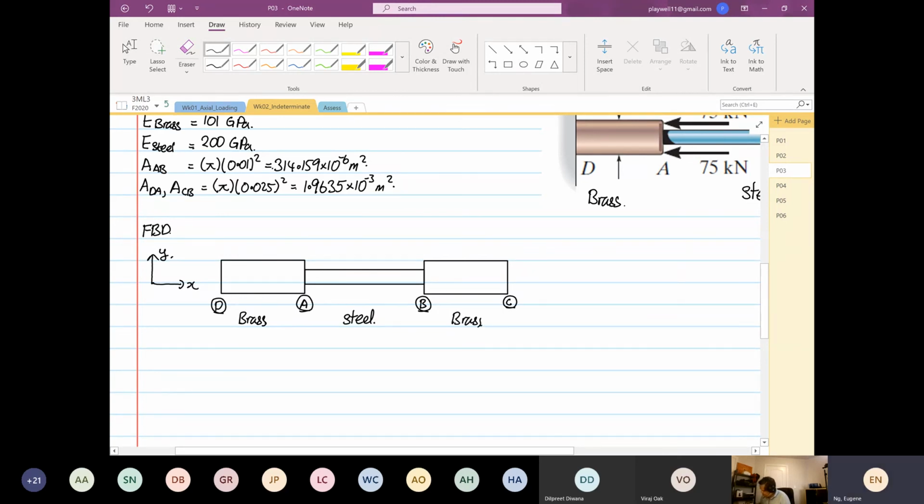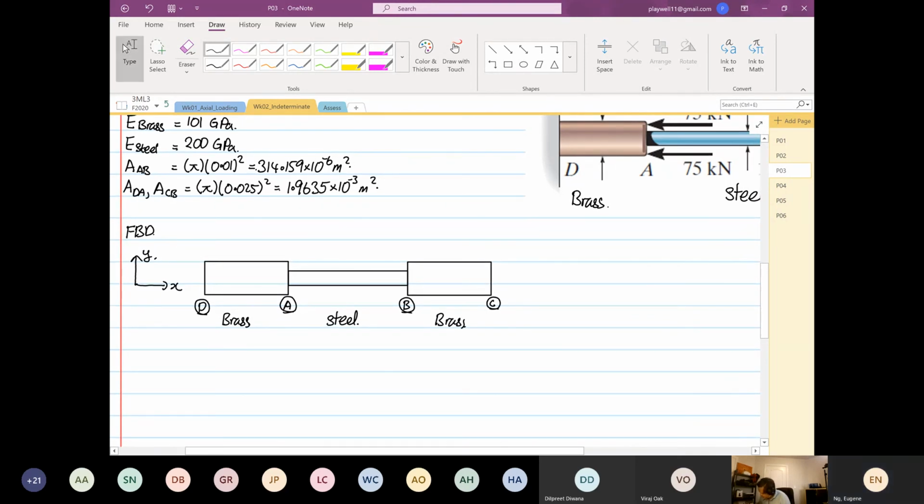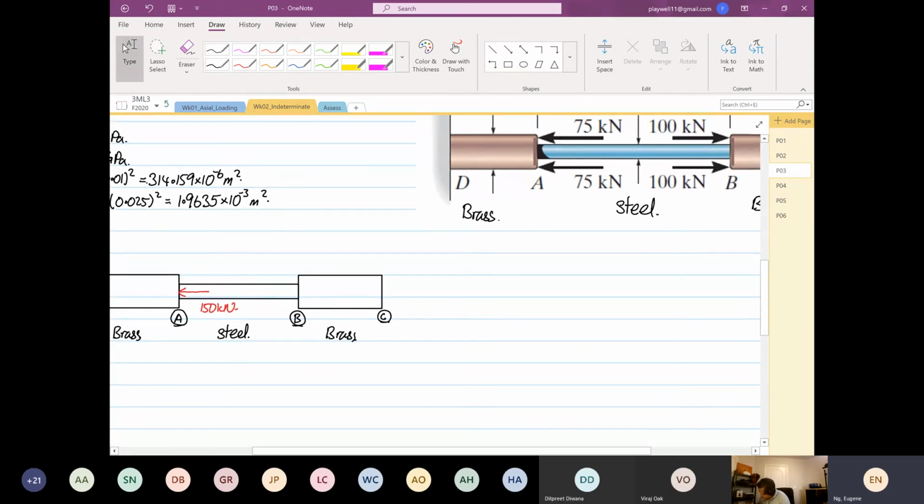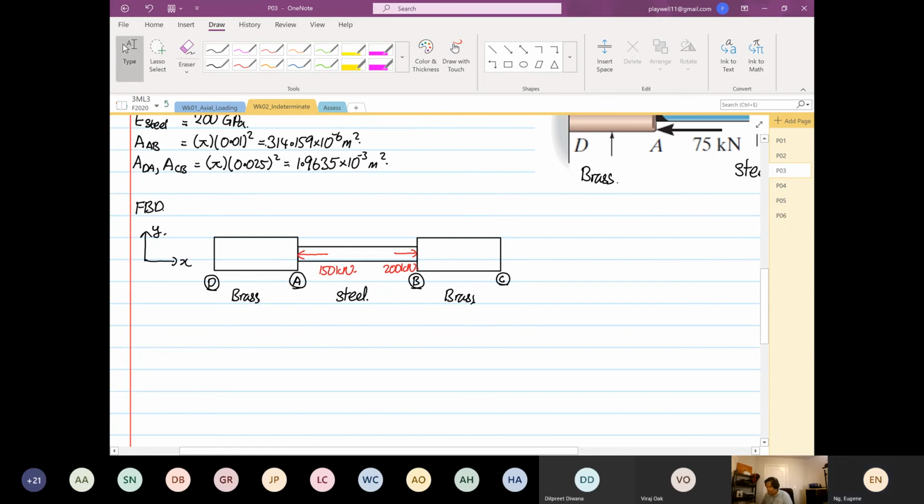And then we have a load acting over here, a load acting down here. We make it one load because it's 150 kilonewton. And then the other load is going the other way. It's 200 kilonewton.